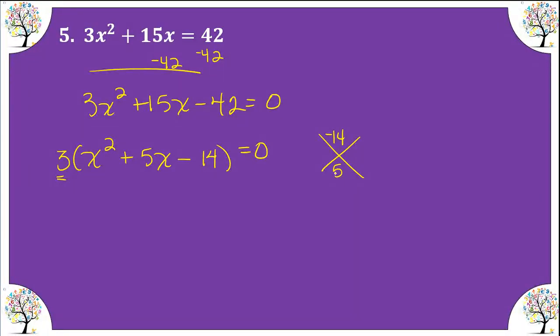We have positive 5. So we're going to have negative 2 and positive 7. Then we rewrite this trinomial: x squared minus 2x plus 7x minus 14 equals 0. Again, this is going to be our x-intercept when y is 0.